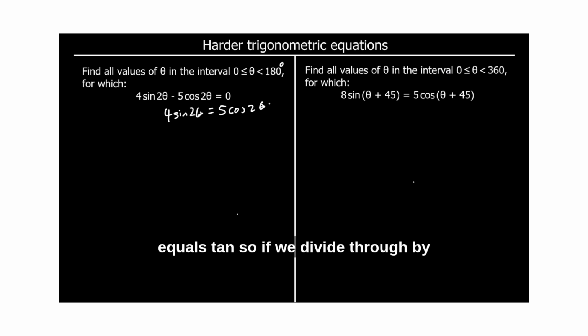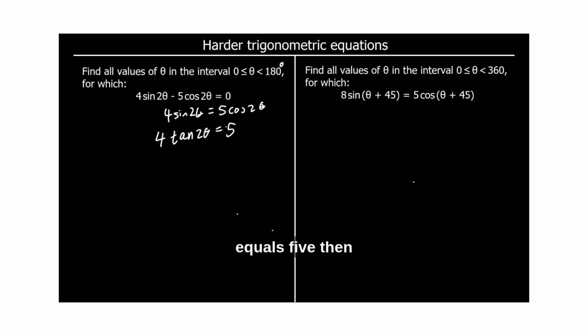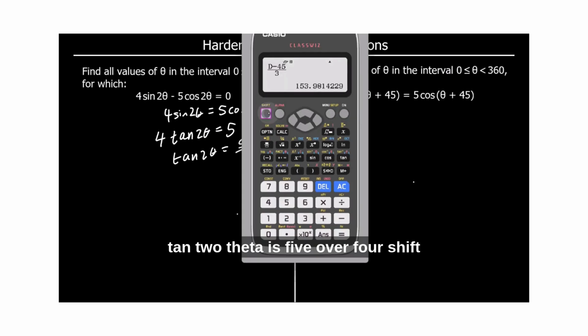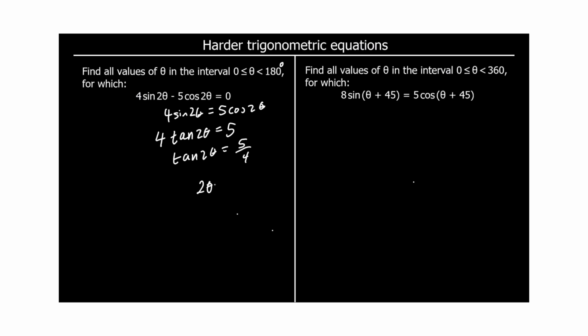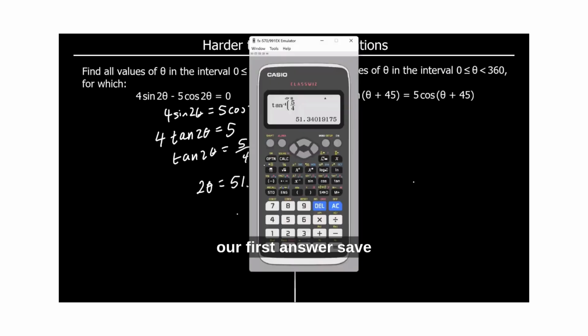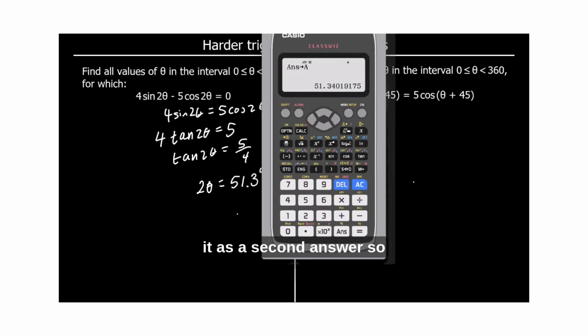If we divide through by cos 2 theta, we'll get 4 tan 2 theta equals 5. Then divide both sides by 4. So tan 2 theta is 5 over 4. Shift tan 5 over 4, 51.3 is our first answer.